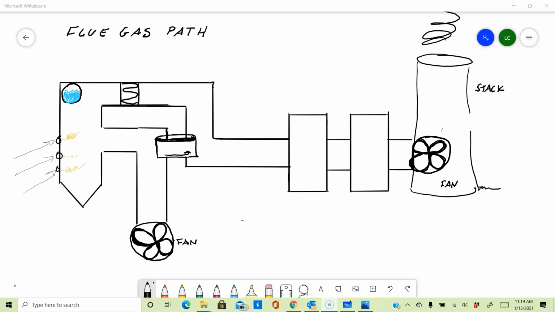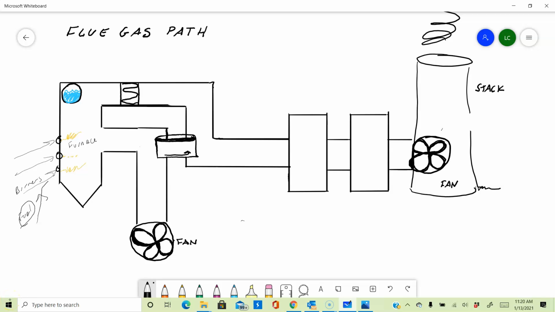So this is going to be your furnace right here. Obviously you can see the flames, which are your burners, and your fuel is fed into those burners, right? So we're going to talk about that next.